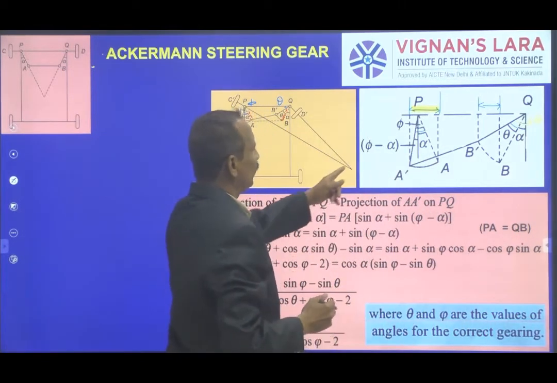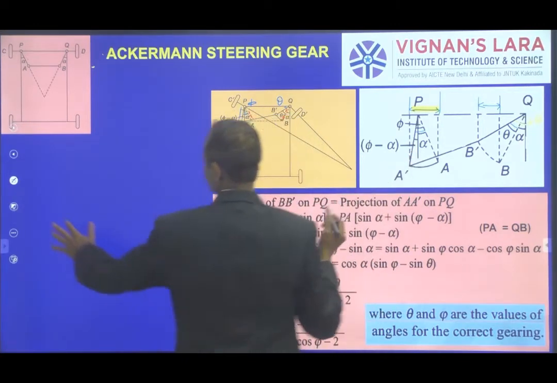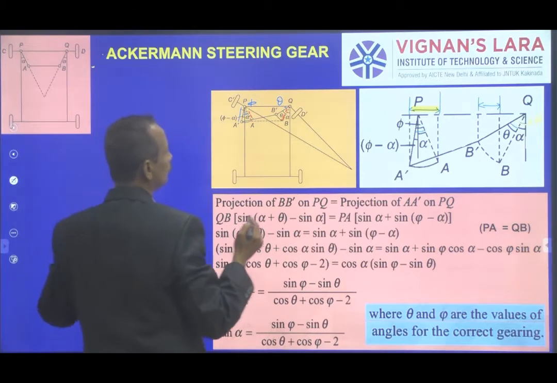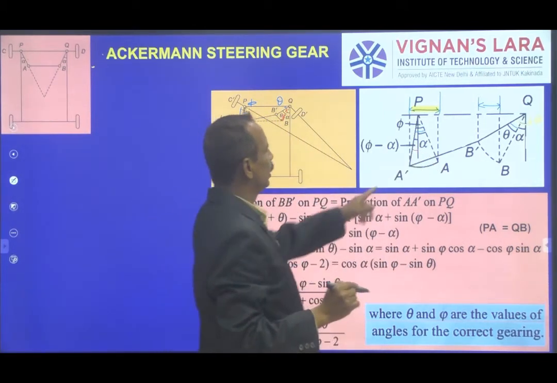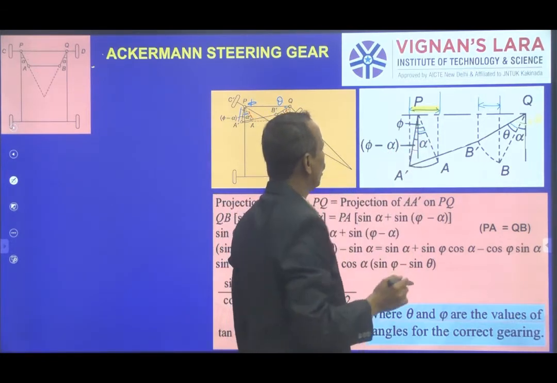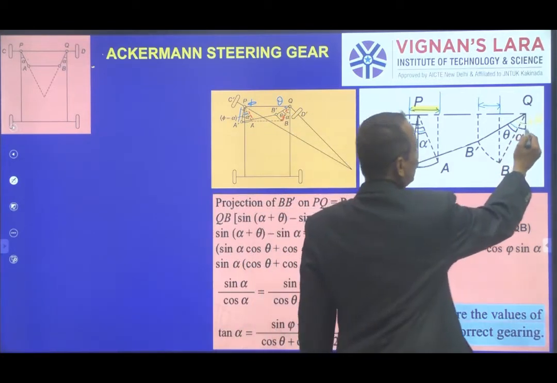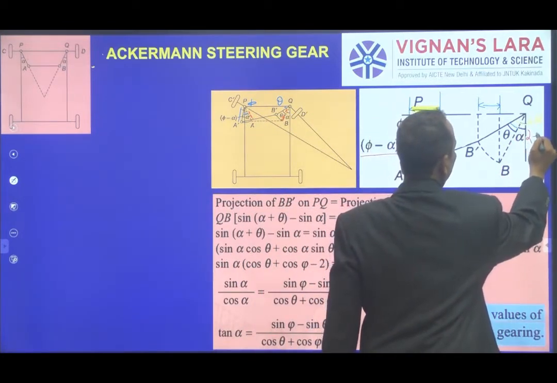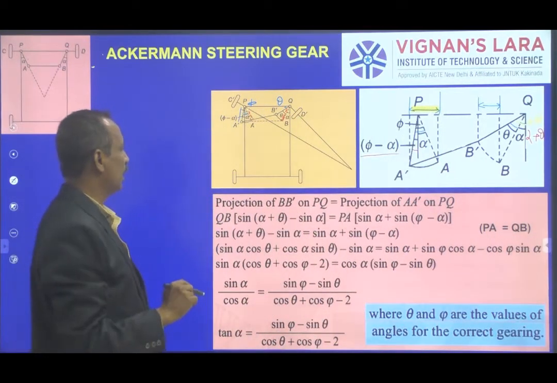Similarly here, this total angle is phi and this angle is alpha, then the net angle is phi minus alpha. Whereas here it is alpha plus theta and here it is phi minus alpha.